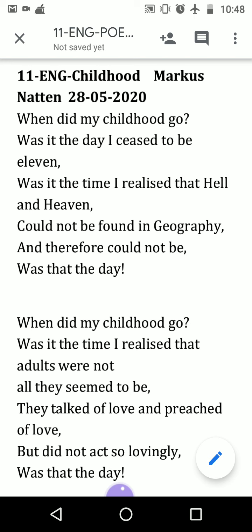So after the summary, I told you the word meanings, and the third one was the literary devices. What are the literary devices used in the poem? You will see I had given you in the last class, at the end of the class, a list of literary devices.